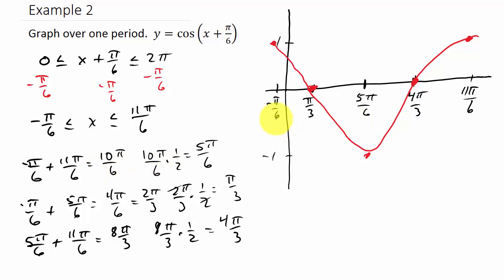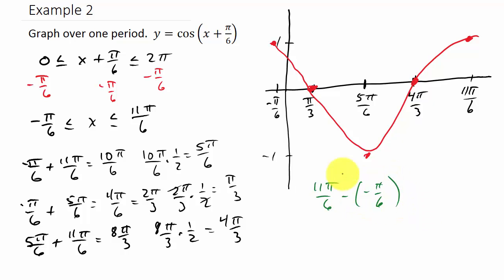The first thing you need to do would be to get the length of this period. So what I would do is take the end of the period minus the beginning of the period, or the interval. So I would do 11 pi over 6 minus negative pi over 6.